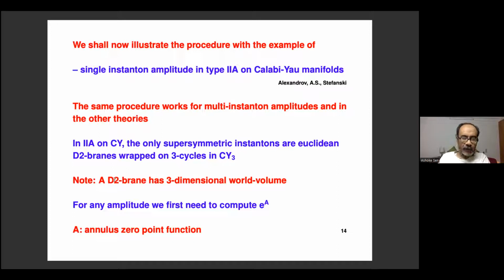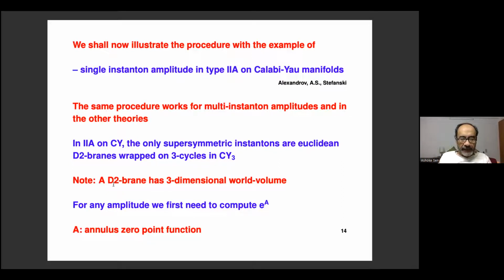Because normally a D2 brane has 2 spatial and 1 time direction that are tangential. But a Euclidean D brane has 3 Euclidean directions. So a D2 brane has a 3-dimensional worldvolume. So when you say a D2 brane instanton, it is localized in time, and it's wrapping a 3 cycle inside the Calabi-Yau.